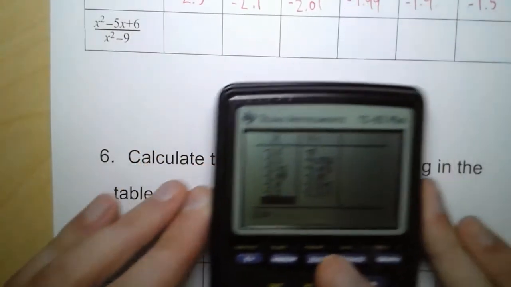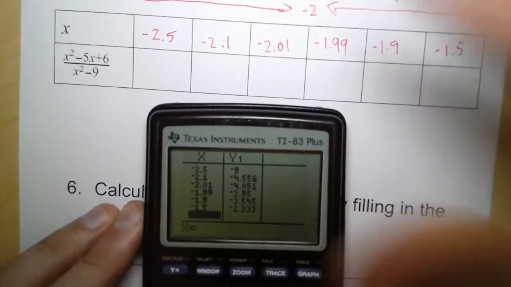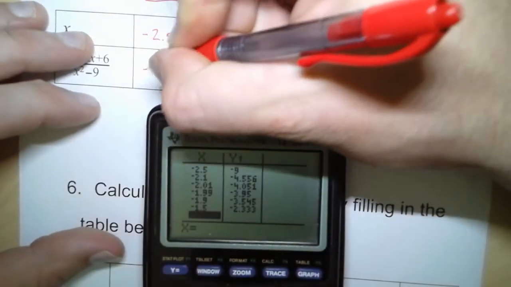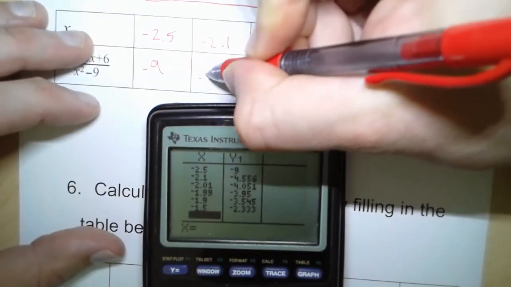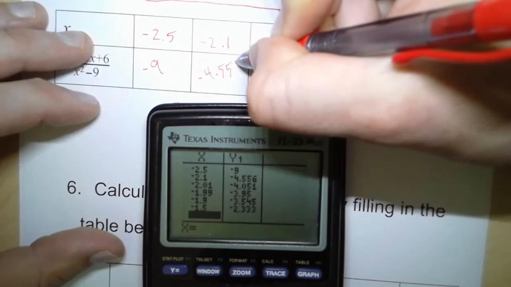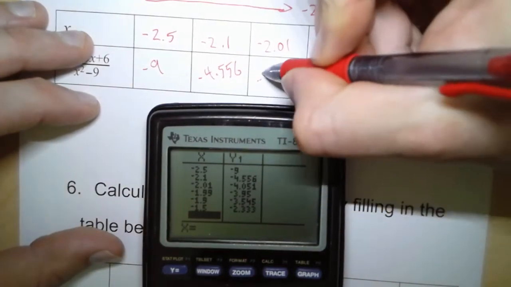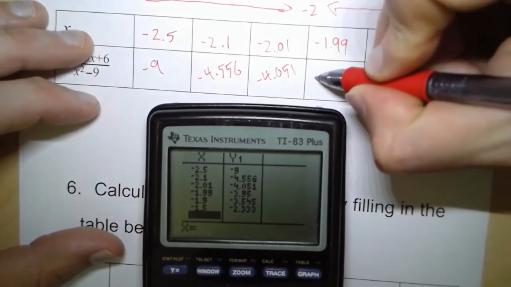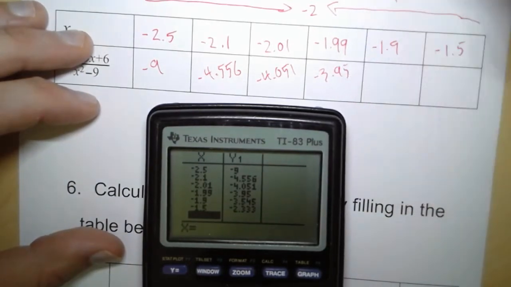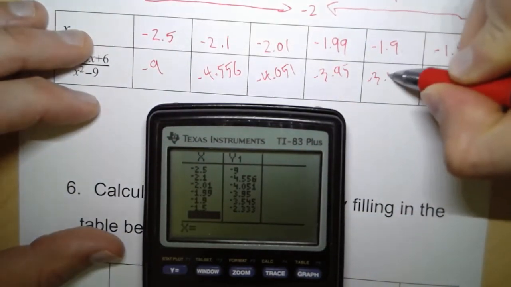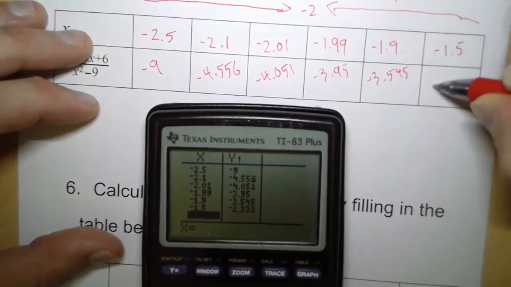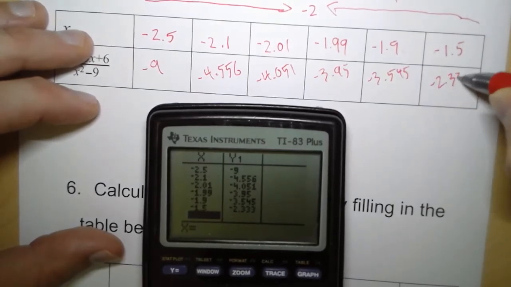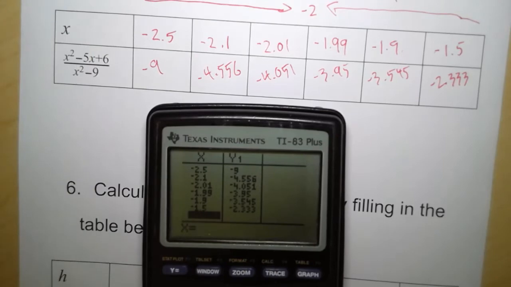All right, so the values that I came up with were -9, -4.556, -4.051, -3.95, -3.545, -2.333. All right.